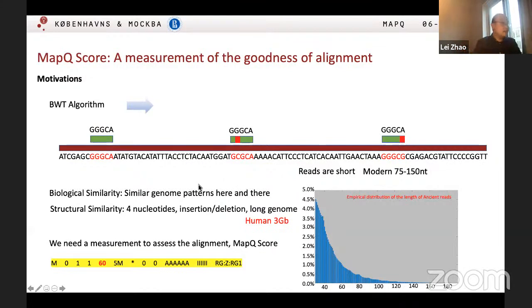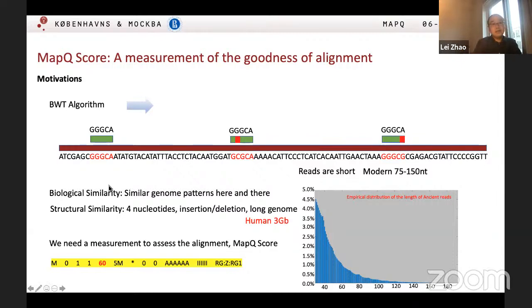And there are other reasons, like structural similarity. So even though you don't have this kind of biological repeat region, or you just randomly have a read here, it has nothing to do with the repeat region.